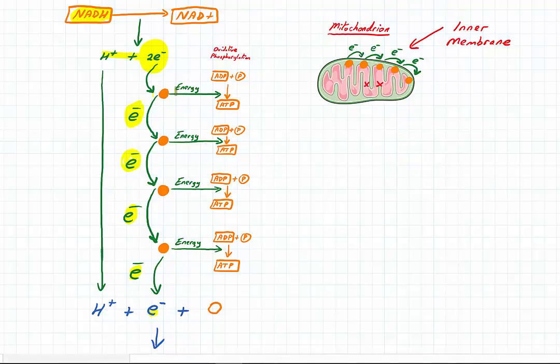When it loses it, it goes out here, and it meets an ADP and a phosphate, and they join up to make the ATP that we're looking for. Every step of the way, they shed some of their energy as they're hopping along this transport chain, and that energy goes into phosphorylation again, and it creates the ATP molecule.